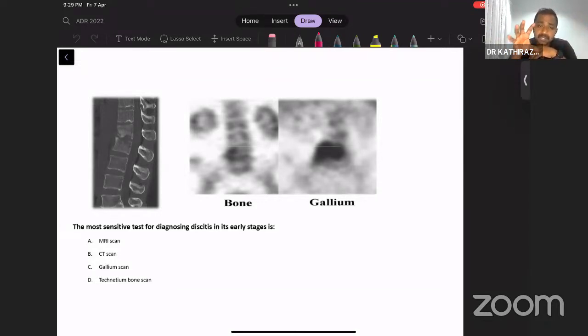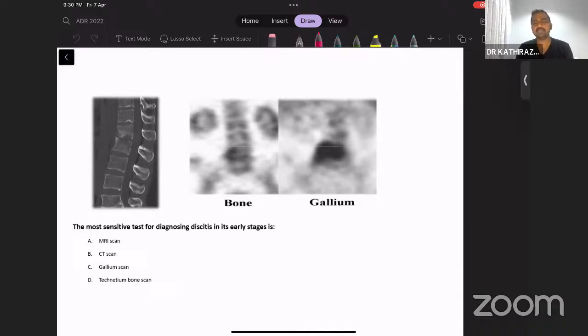So instead of using the word osteomyelitis, if I use the word discitis, which is an early version of vertebral osteomyelitis, because when a disc is going for inflammation and infection, it will immediately spread to the bone and become a vertebral osteomyelitis, right? So which is the best sensitive test to assess vertebral osteomyelitis or discitis? Then the answer is again MRI.